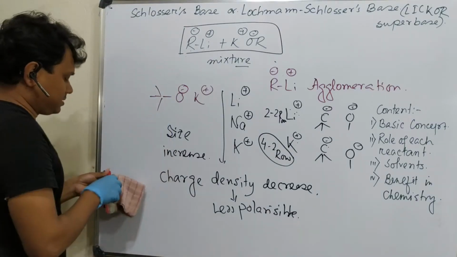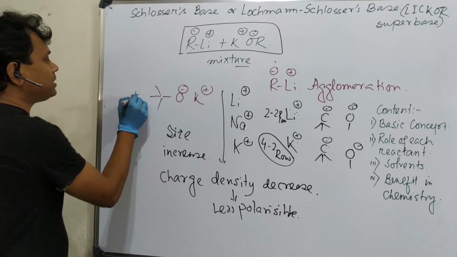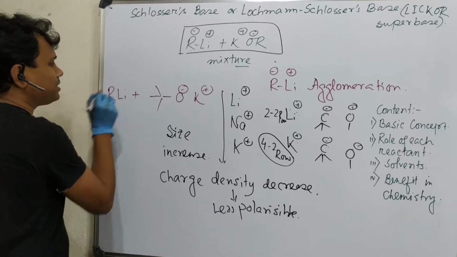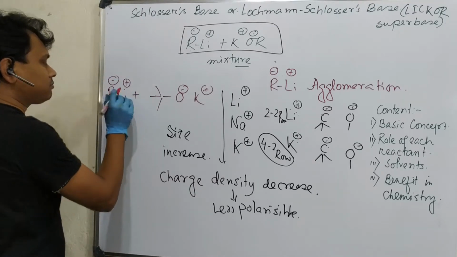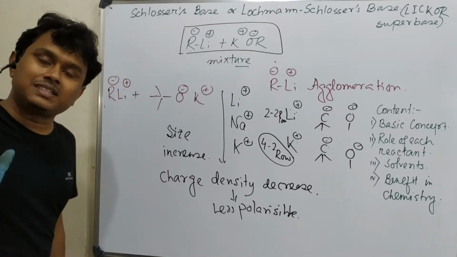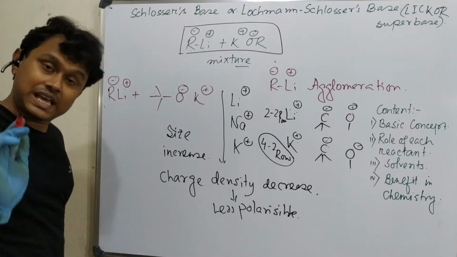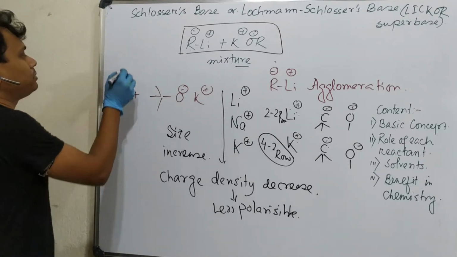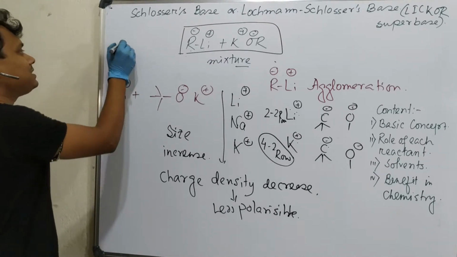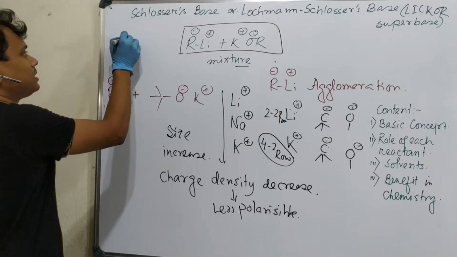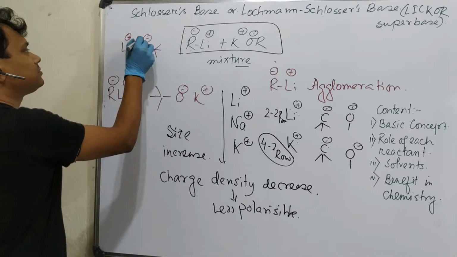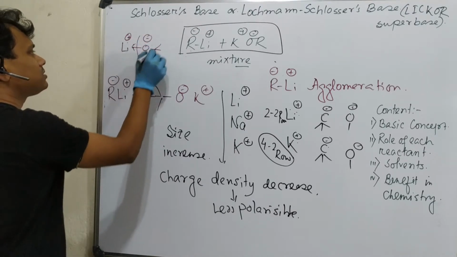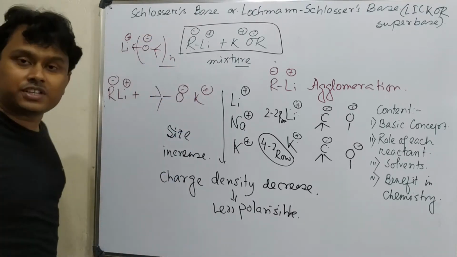So if you mix this potassium alkoxide with butyl lithium, RLi, what happens? There is a probable explanation for its enhanced reactivity. It is a probability, that this lithium plus is solvated by the alkoxide. In this way it is solvated.